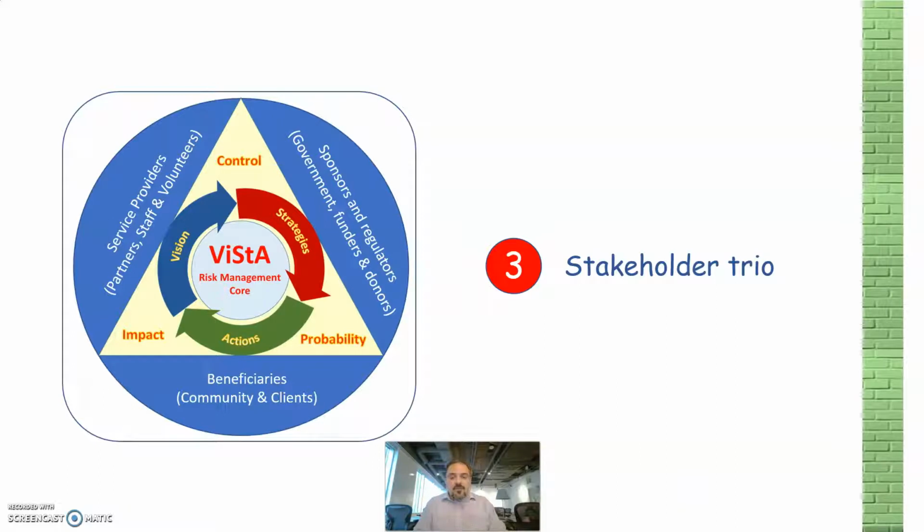And regulators. Regulators can be local governments, federal government, provincial government, or if you're an international organization, you also need to think about the regulators in the countries that you operate. The second group of stakeholder is beneficiaries, the clients who use your services, and the whole society, whole community is in this group.